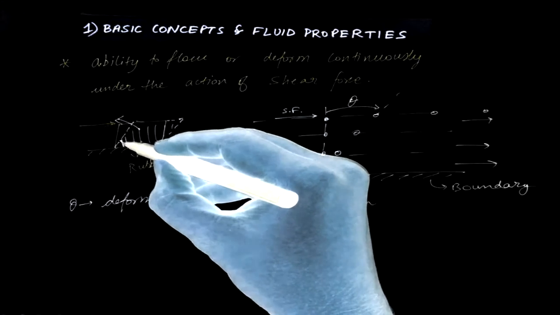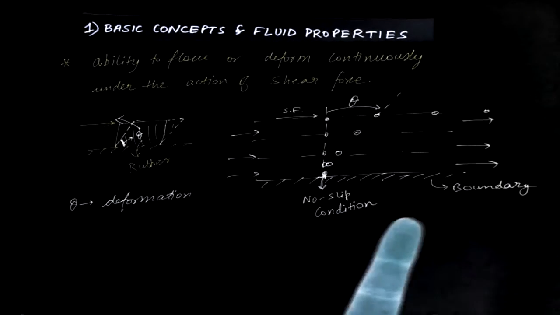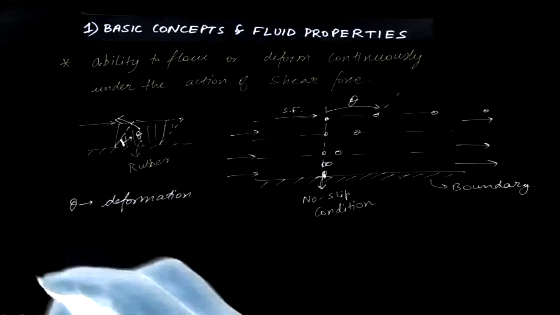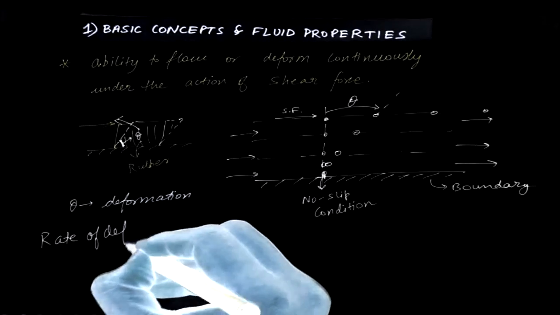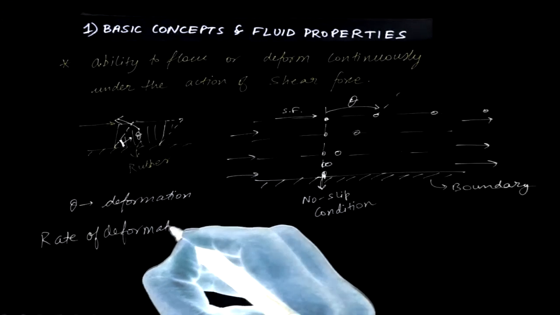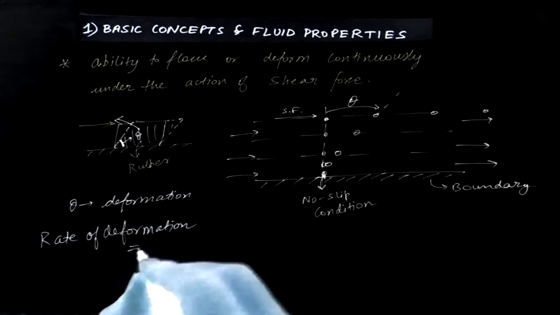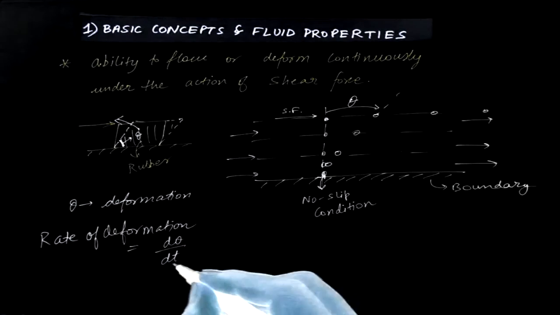But here there is no constant deformation, it will keep on deforming, so we use the rate of deformation in the case of fluids, and this can be expressed as d theta upon dt.